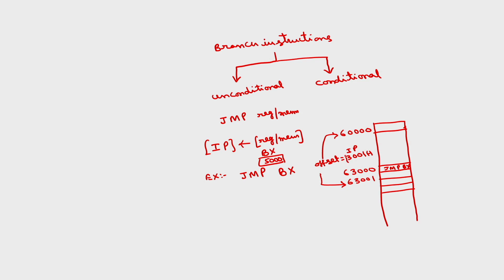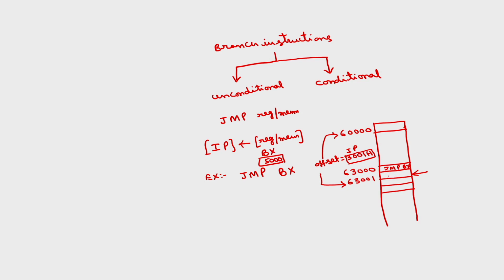The instruction pointer contents become 3001 H, which I have explained in the earlier classes also. The instruction pointer always holds the address of the instruction which is to be executed next. If this is not a jump instruction, the microprocessor is supposed to execute this next instruction, whose offset is 3001, and that will be held by the instruction pointer.